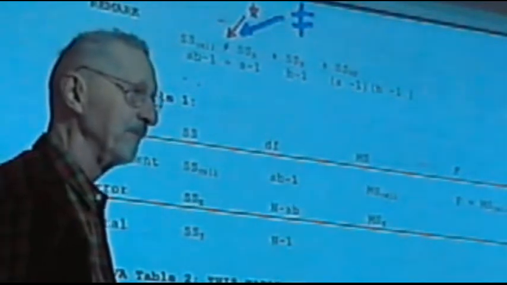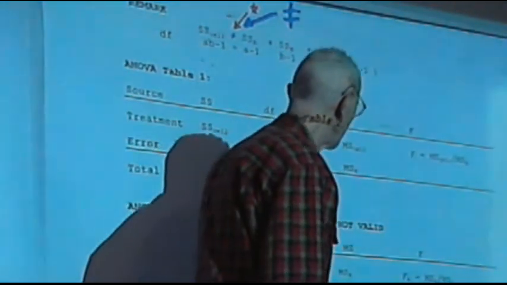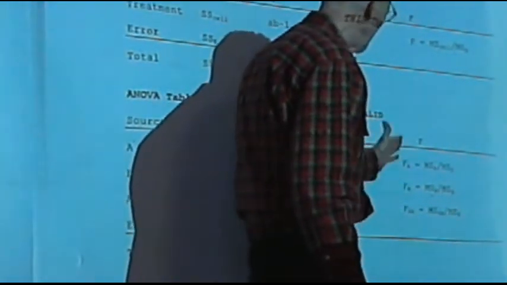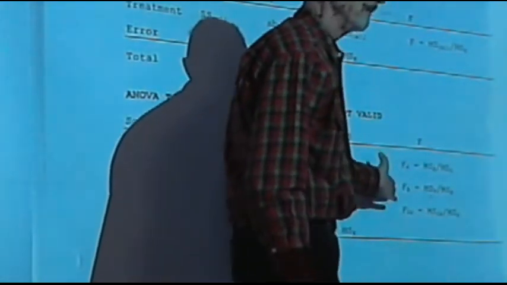What's false about it is that the sum of these top ones isn't the bottom one. Something is amiss. The degrees of freedom add in nicely, so there's no problem there. But then when we form mean squares and then F ratios from these mean squares, these are just no good.